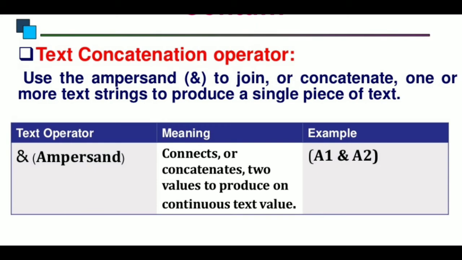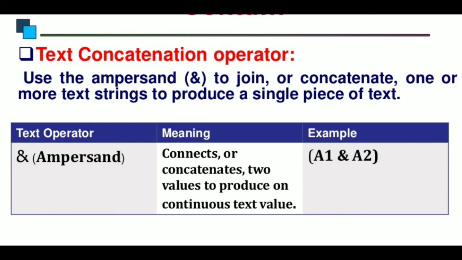It connects or concatenates two values to produce one continuous single text value. The first and last name will be merged together with no gap between them. So the ampersand concatenation operator is used to combine two text values to produce a single piece of text.